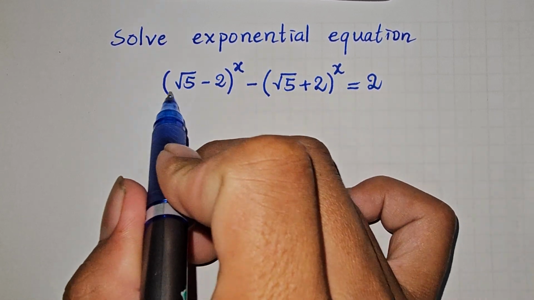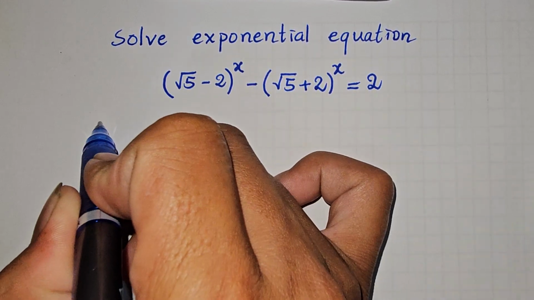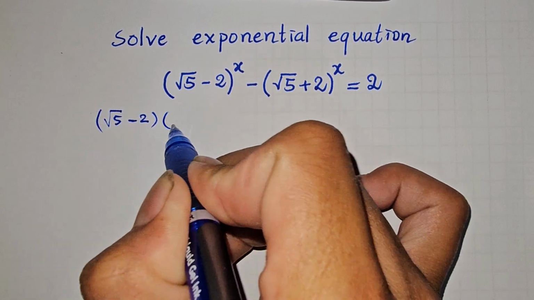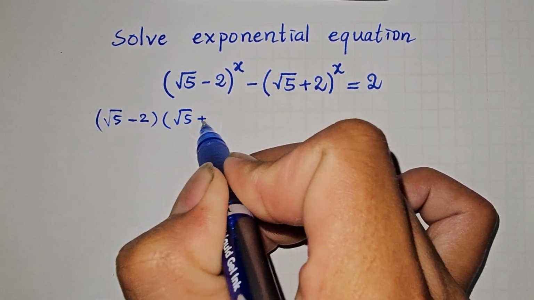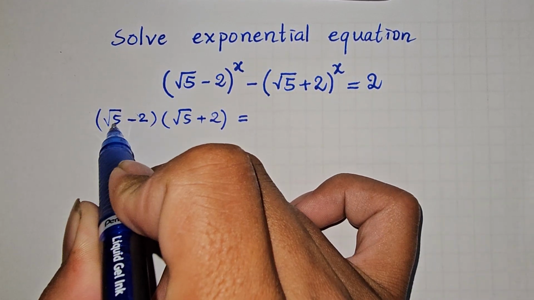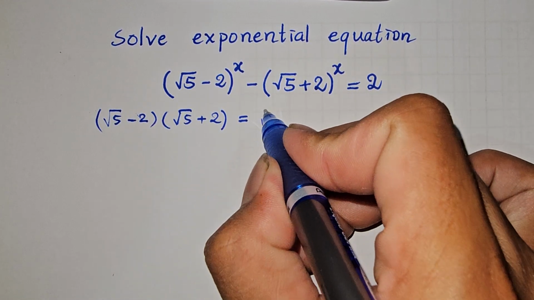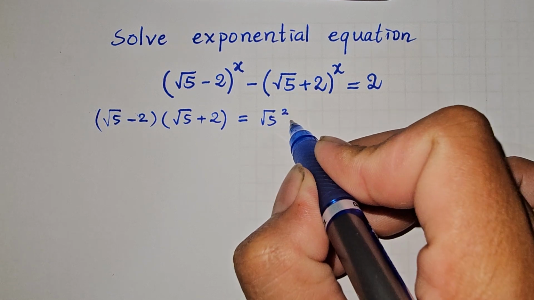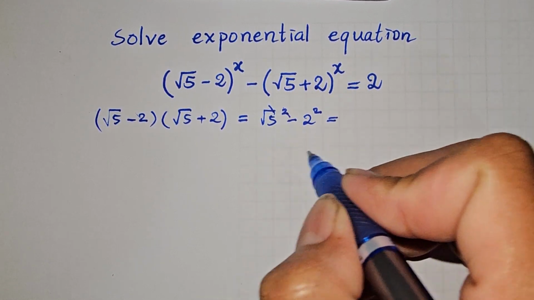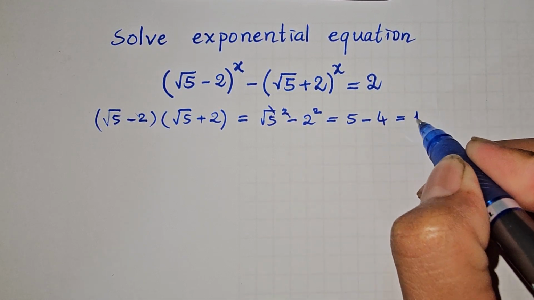If we multiply square root 5 minus 2 times square root 5 plus 2, we use the formula (a minus b)(a plus b), so we get square root 5 squared minus 2 squared. The square root with the square simplifies, so we get 5 minus 2 squared, which is 4, so we get 1.